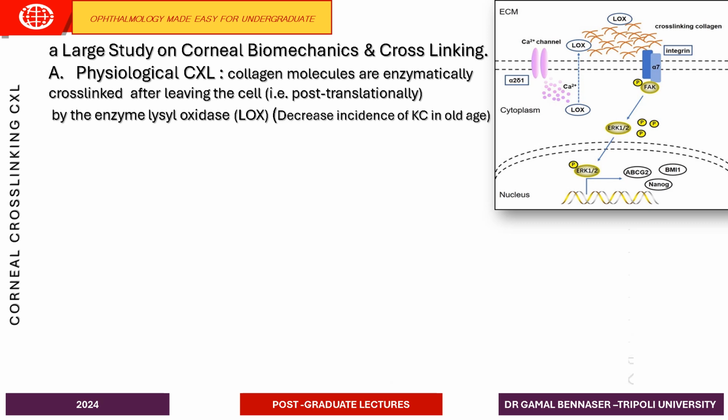This happens as a normal physiological process in the whole body when the collagen fibers are translated from the nucleus and excreted to the extracellular space of the cells. So this is called post-translational. That's after the translation of the collagen fibers, they take their final shape and elastic property through this enzyme, lysyl oxidase.